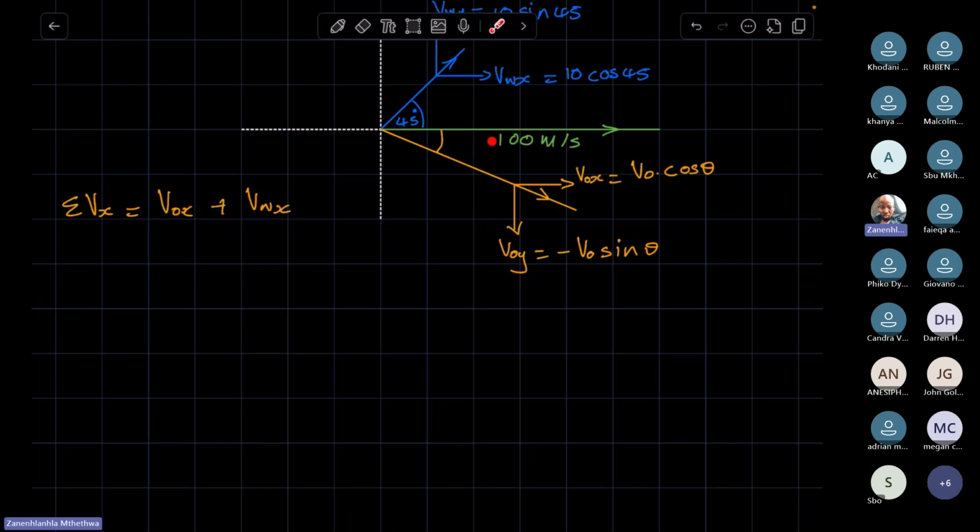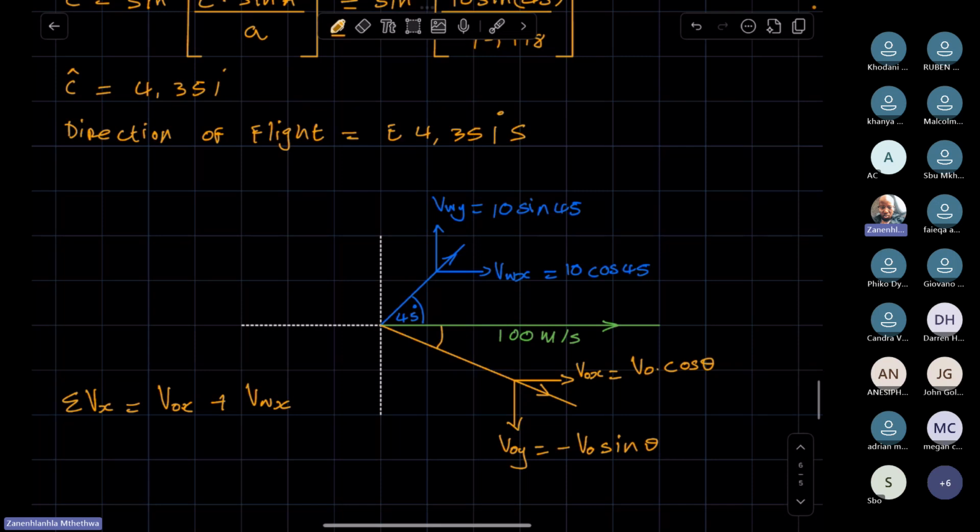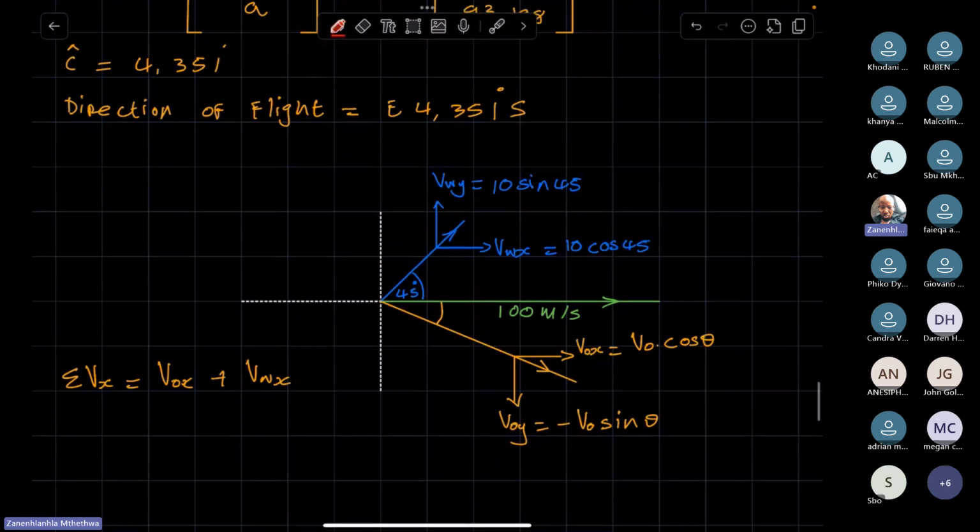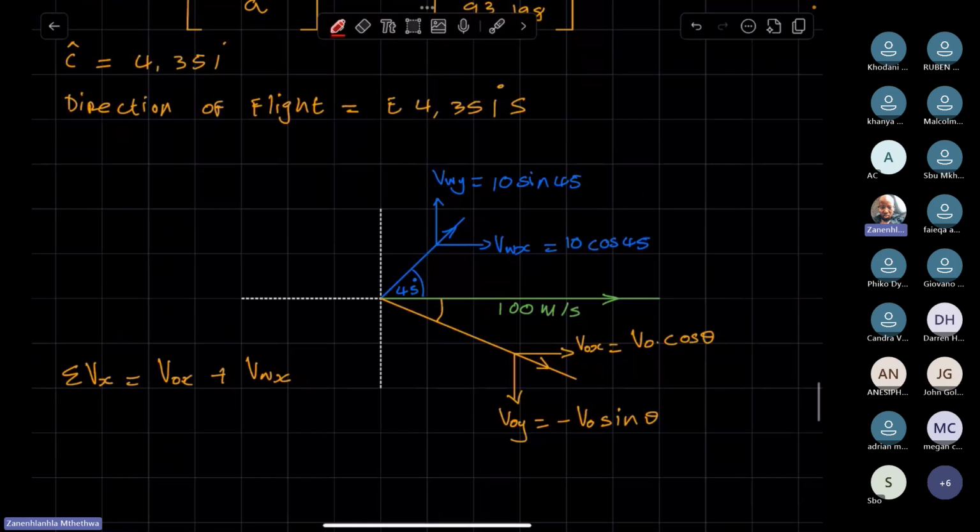The fact that VR is parallel with the x-axis tells us that the component of VR in the x direction is approximately equal to VR itself, and that the component of VR in the y direction, so the sum of Vy, is approximately equal to 0.